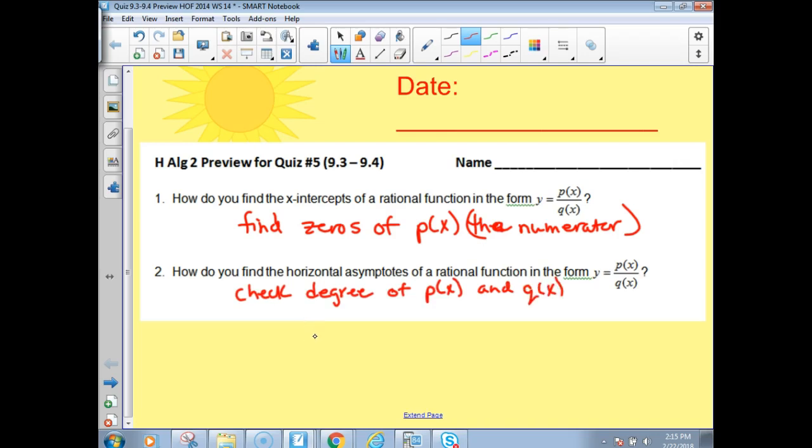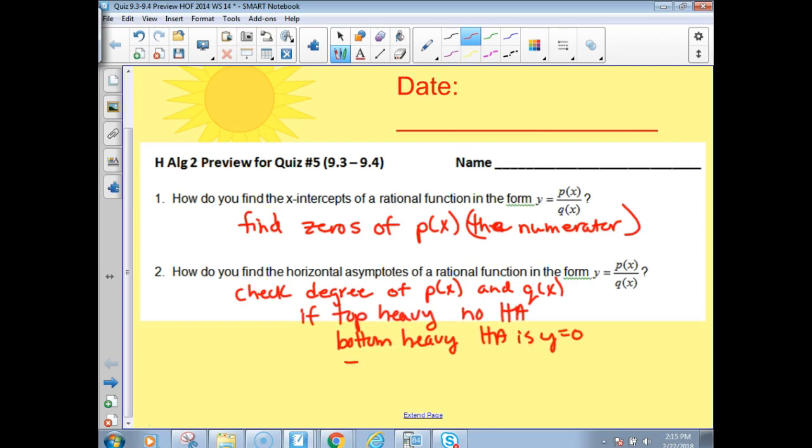So if you check the degree of p of x and q of x, then if we start with bottom heavy, or it doesn't really matter what order. Okay, so if it's top heavy, then it would be none, no HA. If it's bottom heavy, y equals 0. HA is y equals 0.